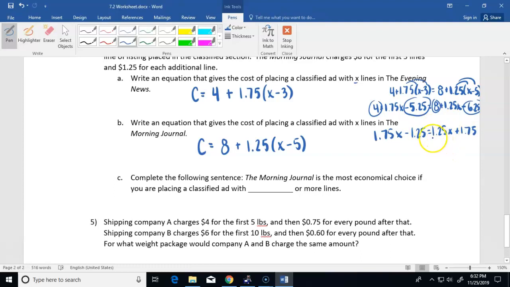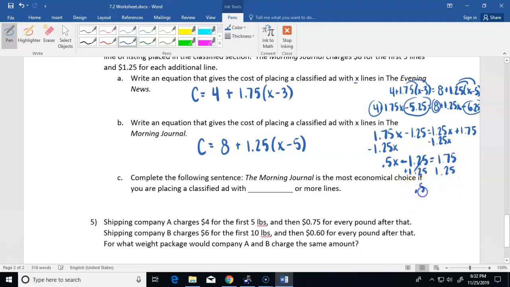Now we just have a couple steps more to solve this equation. We can subtract our 1.25x. So 0.5x minus 1.25 is going to equal 1.75. We will add our 1.25 to both sides.